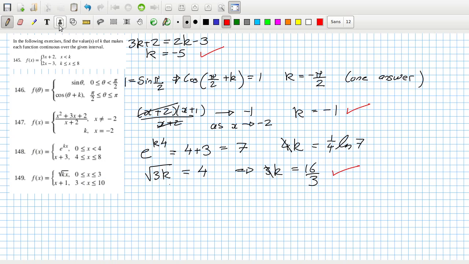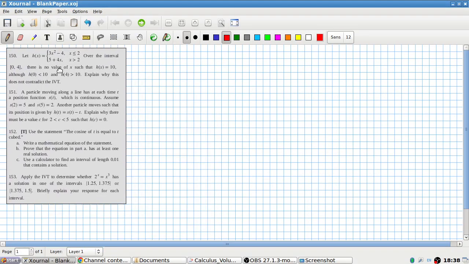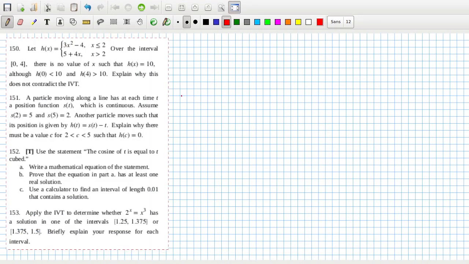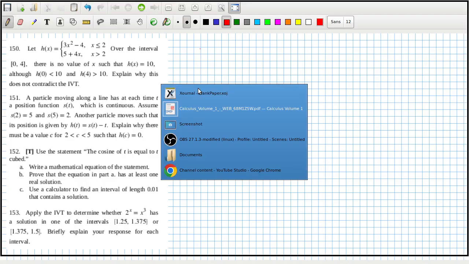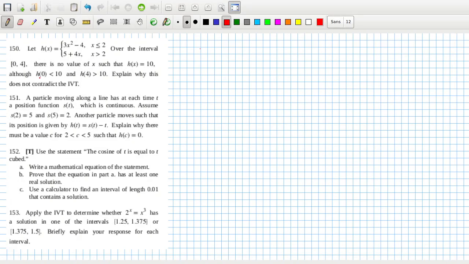And clear this off. Okay. That's h over the interval 0 to 4.